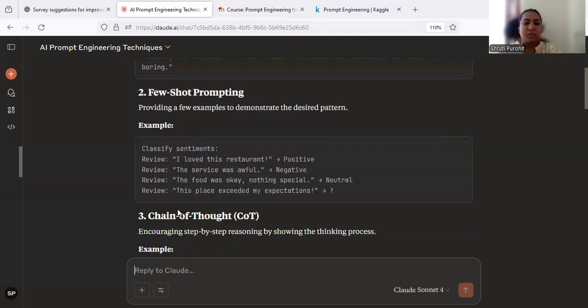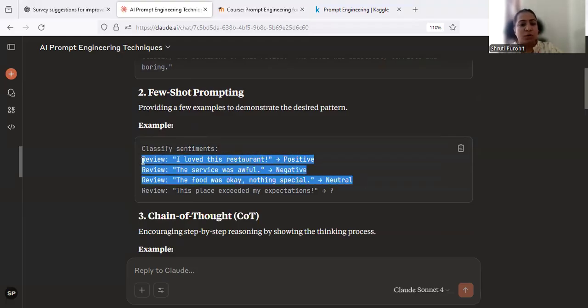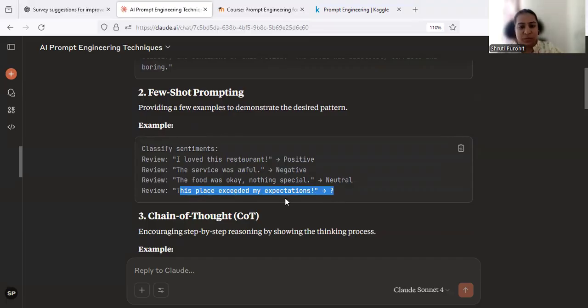If we are mentioning a few examples, then to understand the sentiments, we provide reviews like "I love this restaurant," showing that it's a positive review, and a negative one. So we are providing a few examples, and then we ask it to do our task: "This place exceeds my expectations."